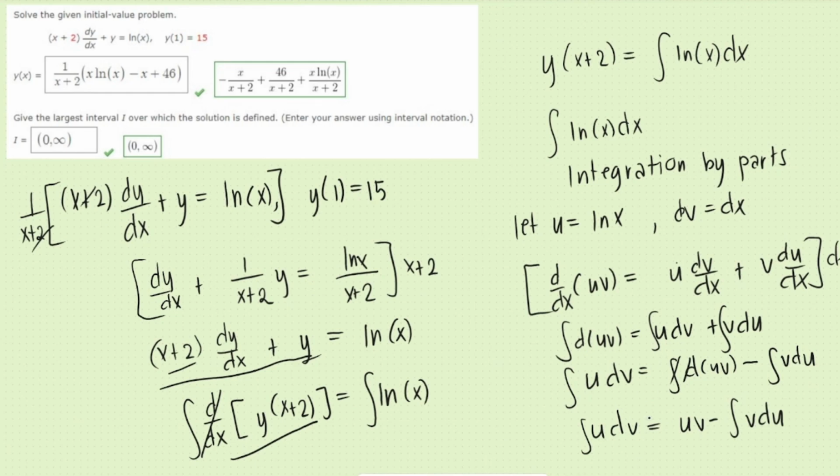That's how we derive the integration by parts. So now we assume that our u is ln of x, and our dv is just dx, okay? And we'll use this, uv minus the integral of v du.